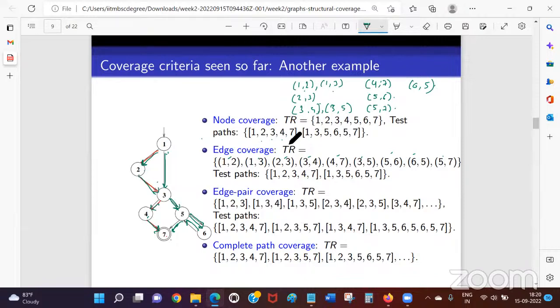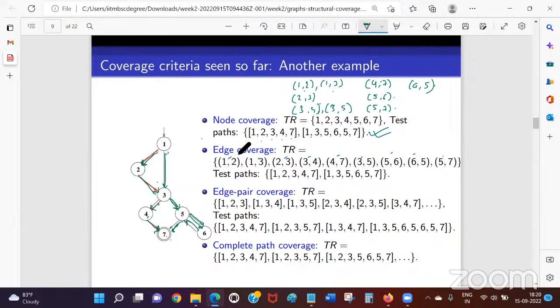I already have the path which provides node coverage. So first I can check, does it also cover the edges? You can see it basically covers all the edges. So this is the path set which covers the node criteria as well as the edge criteria.